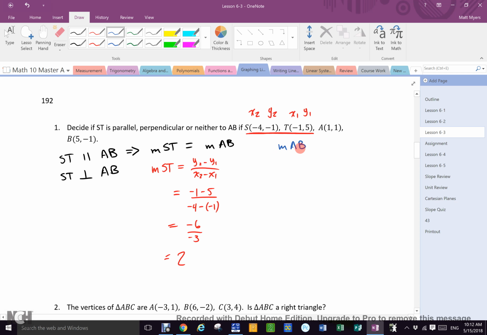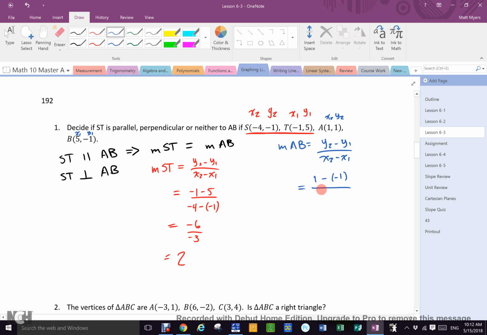The slope of AB equals what? y2 minus y1 over x2 minus x1. What goes where? 1 minus negative 1. So Avery has kept her same pattern. x2, y2, x1, y1.